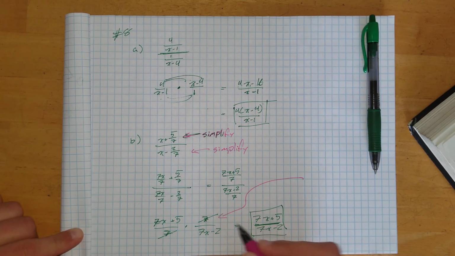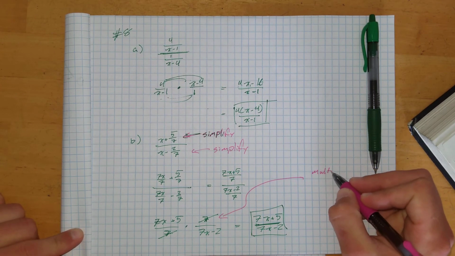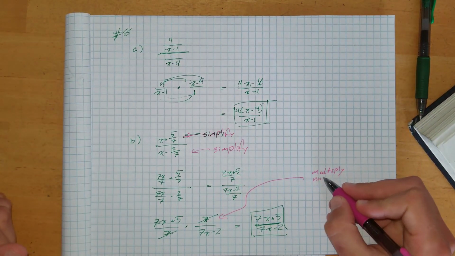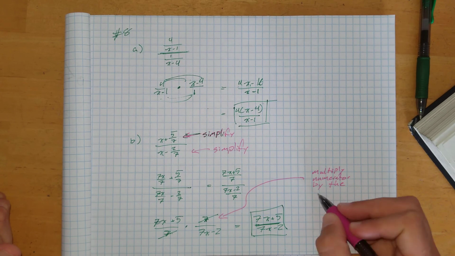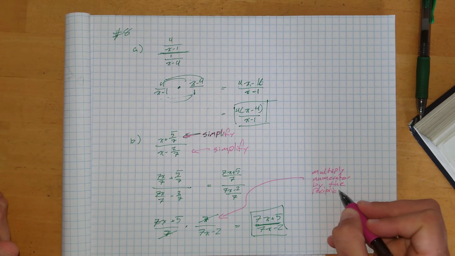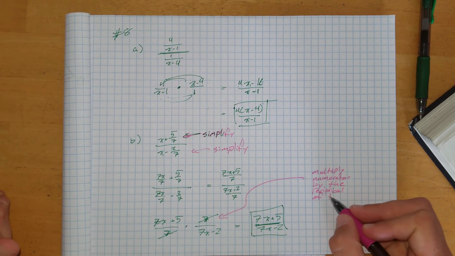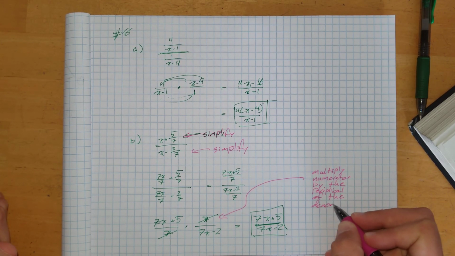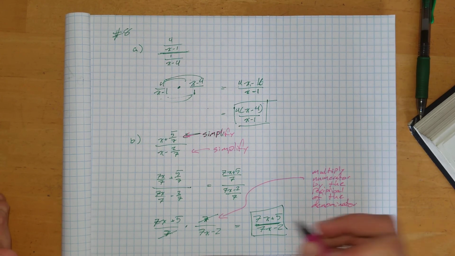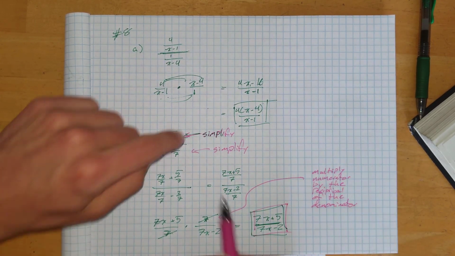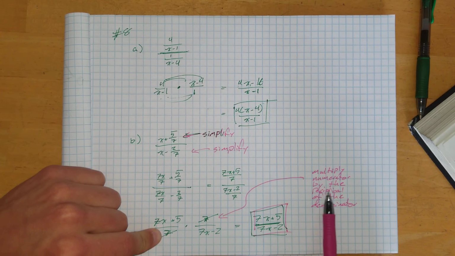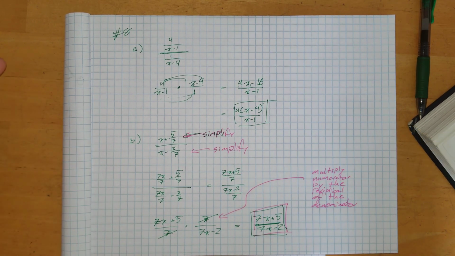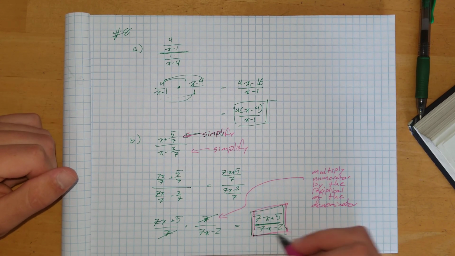Multiply numerator by the reciprocal of the denominator. That's going to give us our answer. So simplify numerator, simplify denominator, multiply numerator by the reciprocal of the denominator. So those are your 3 steps to solving these types of problems. And you'll end up with something looking like that.